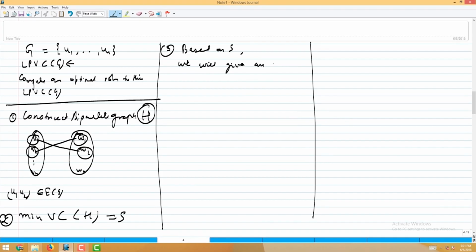Yeah, so I'm saying the first step is to construct this graph. The construction is clear, right? The second step is I compute a minimum vertex cover of this graph, and I'm calling that S. The third step is, based on S, we will give an assignment to the variables of this LP of G, of the graph G, this LP that we had here.